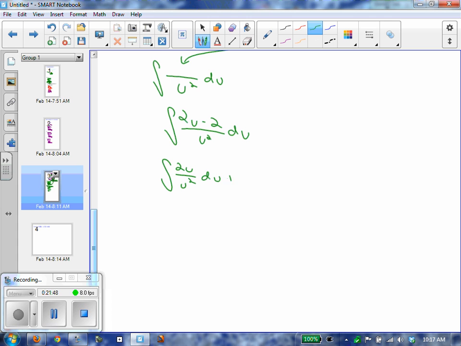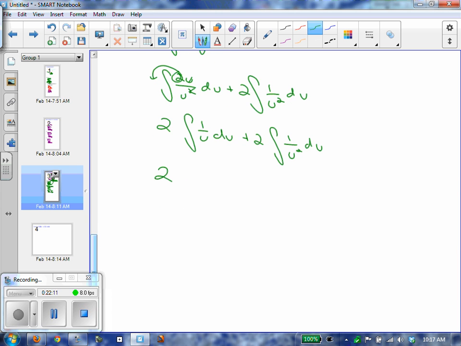Could you pull 2 out? Just make it 1 before you split it. Sure. I was going to do it beforehand. This goes out in front, because both of them have a 2. Now be careful.